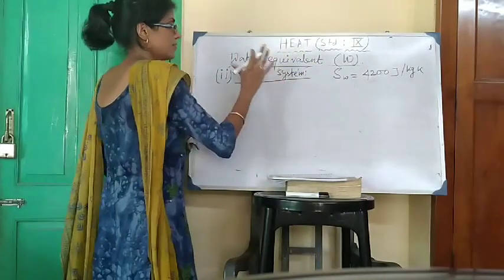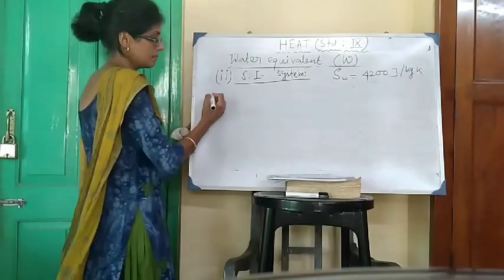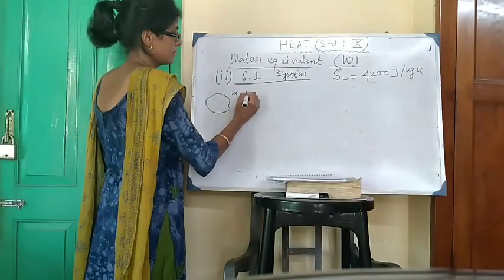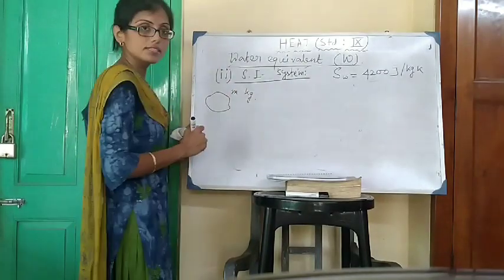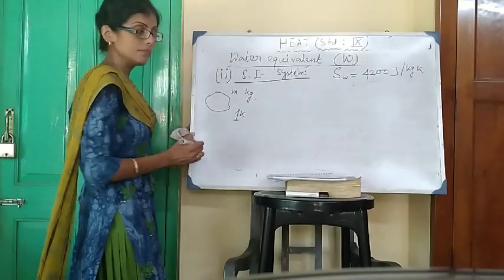That is the specific heat of water in SI system. Same example: consider a body of arbitrary mass m kg, because we are considering SI unit. Increase in temperature of the body is 1 K.